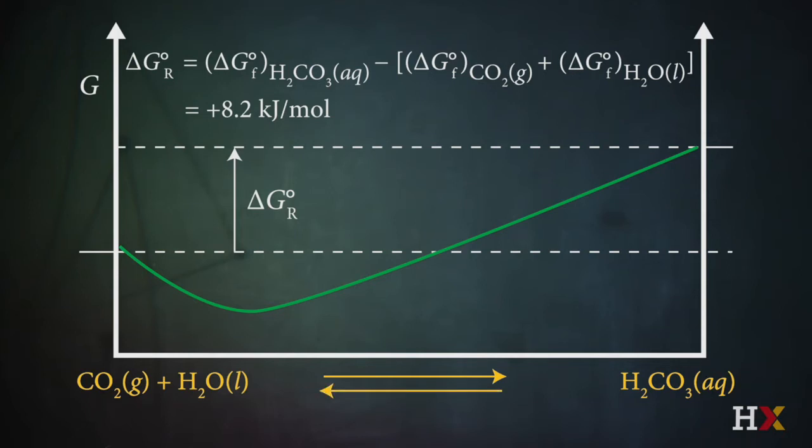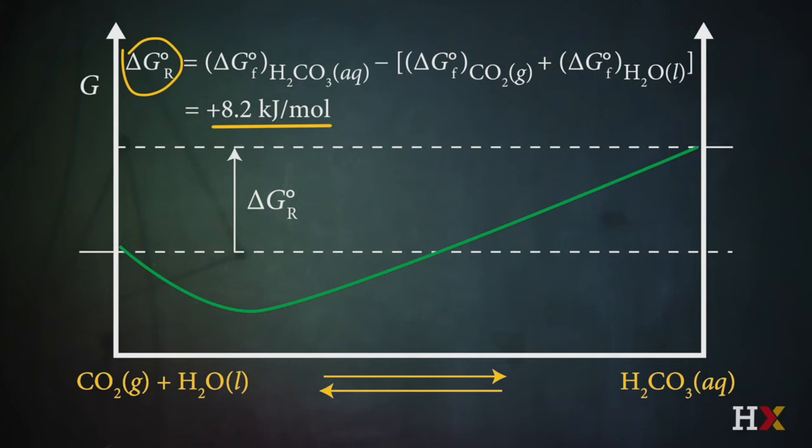and H2CO3 decomposes to reform CO2 in an equilibrium case. But, as we can see from the Gibbs free energy diagram, delta G for the reaction under standard conditions is plus 8.2 kilojoules per mole. That is the difference in Gibbs free energy between the product, carbonic acid, and the reactants, CO2 and water. That's plus 8.2 kilojoules per mole.